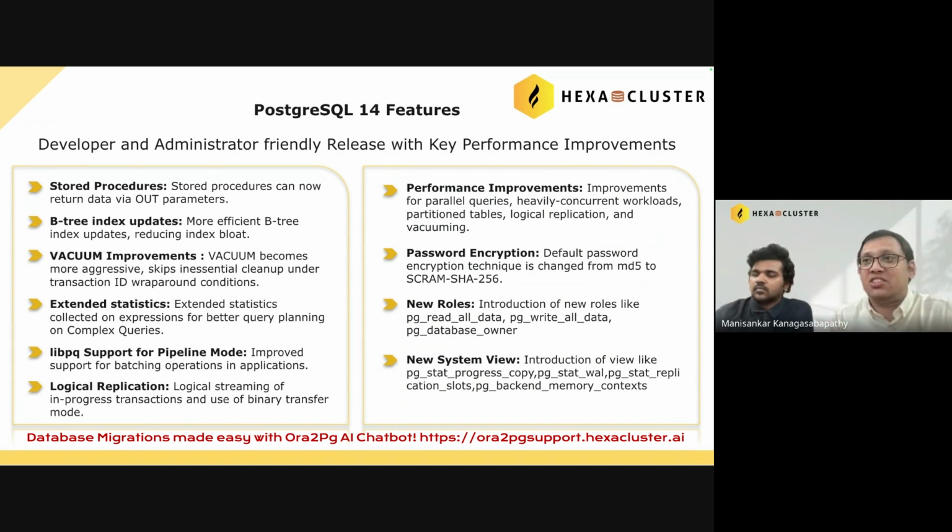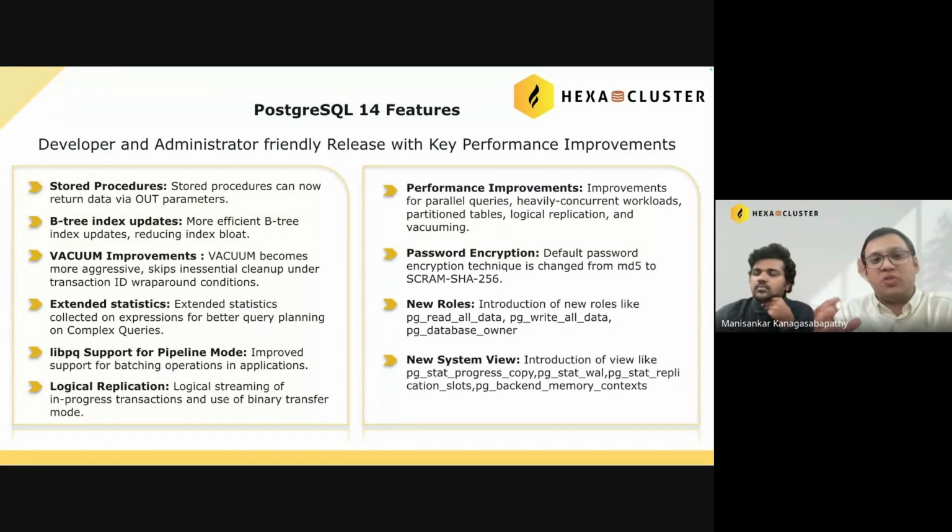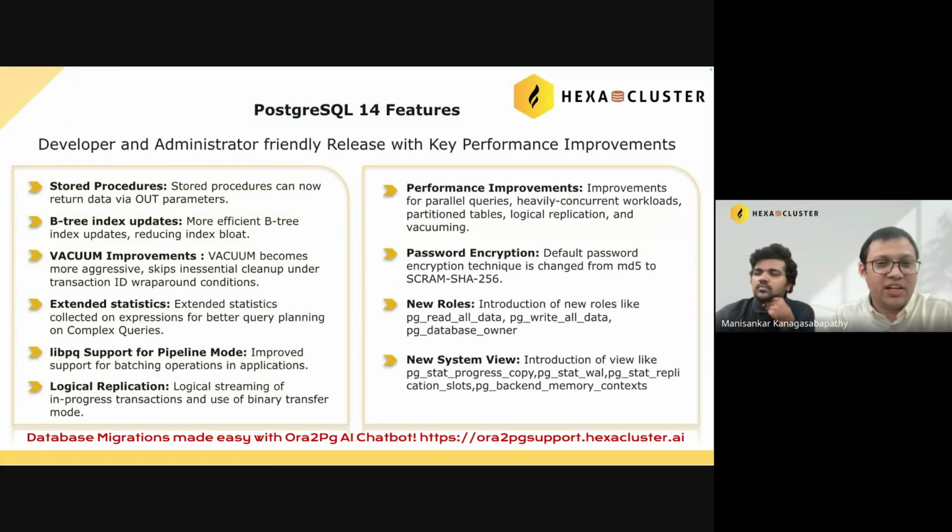And the biggest improvement, which actually made a lot of people upgrade to Postgres 14 a couple of years ago, was the vacuum becoming less aggressive, especially with transaction ID wraparound conditions. What we mean by that is, in Postgres, you have a setting which is going to identify those tables that have the transaction ID age going beyond freeze max age.